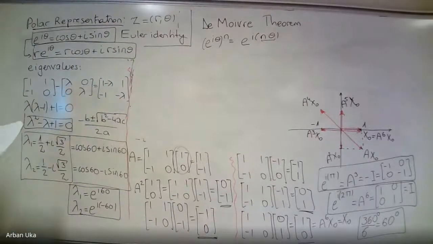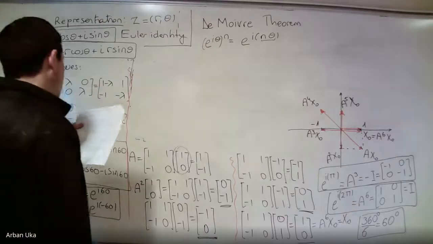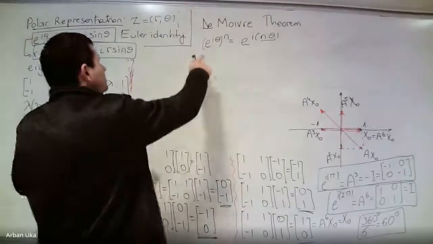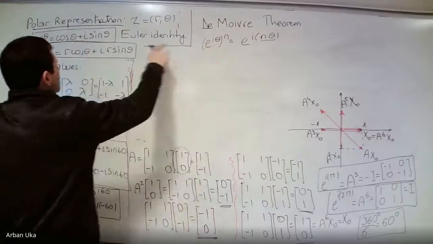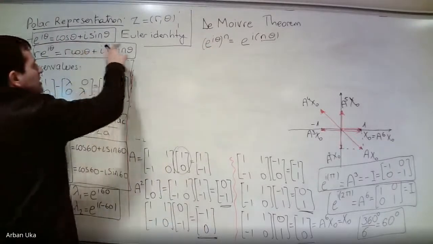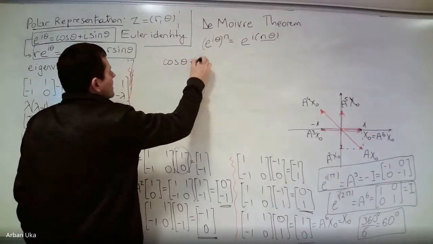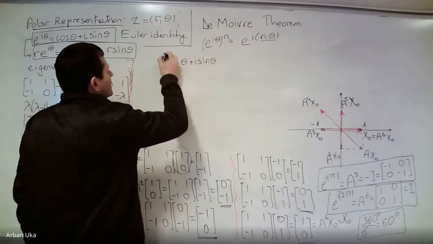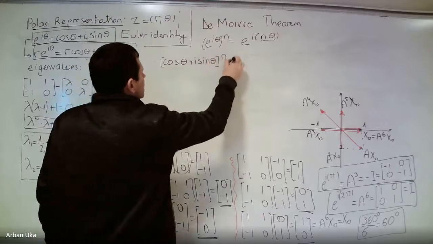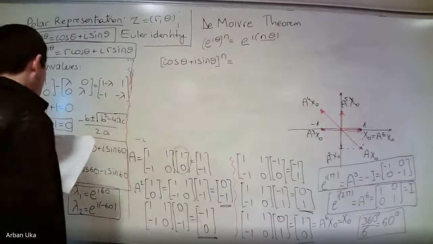So this is what we can make use of, but at the same time, we know that e to the power i theta is cosine plus i sine, right? So we can write cosine theta plus i times sine theta, this expression to the power n, is equal to cosine n theta plus i sine n theta.